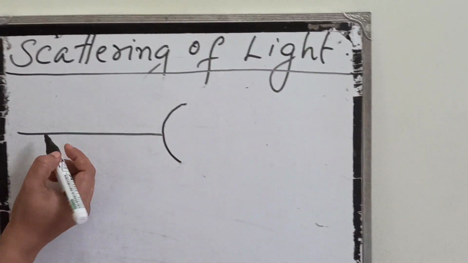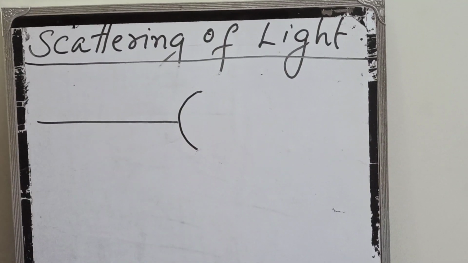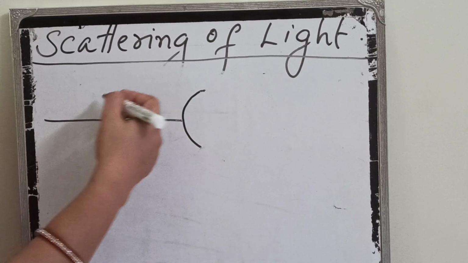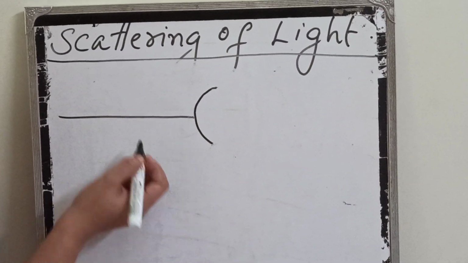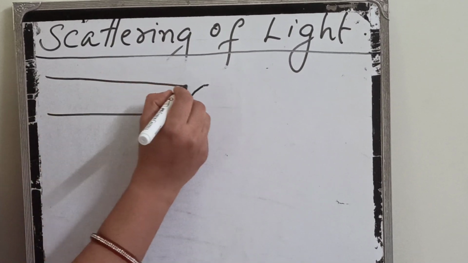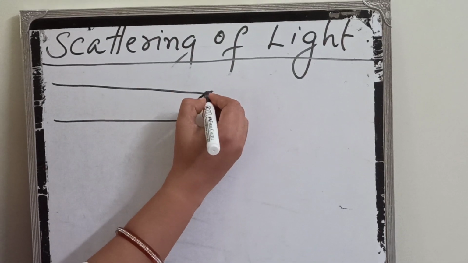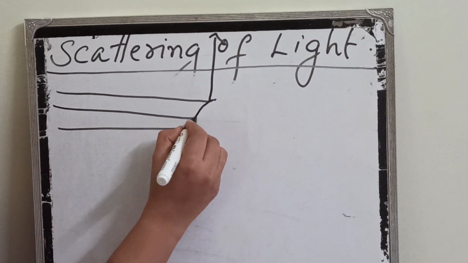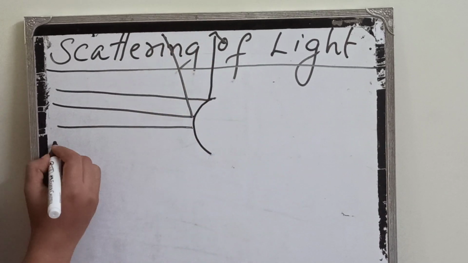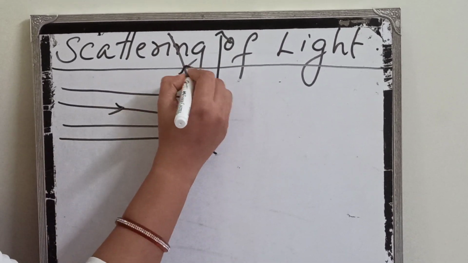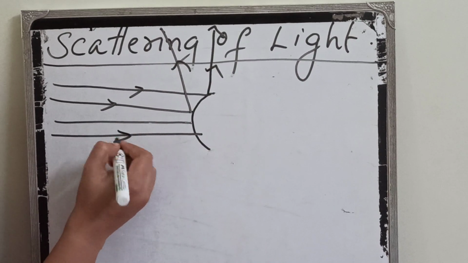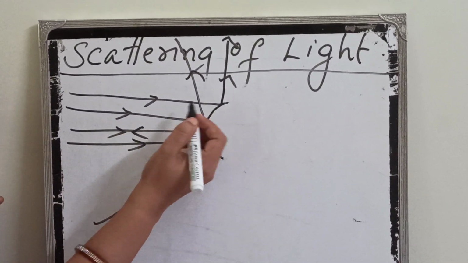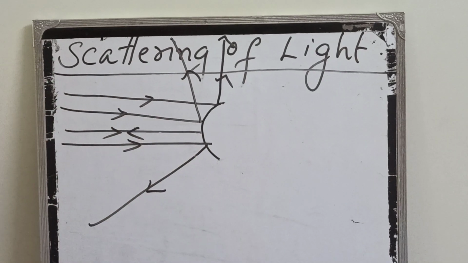What will happen? When the light hits a spherical surface, it starts to deflect the light in various directions. How? For example, if it strikes here, it has to obey the laws of reflection too. So this will go like this. Then this will go like this, isn't it? So here it is deflected in various directions.